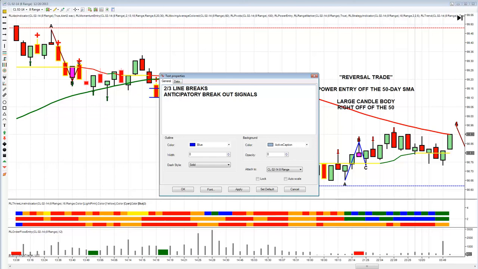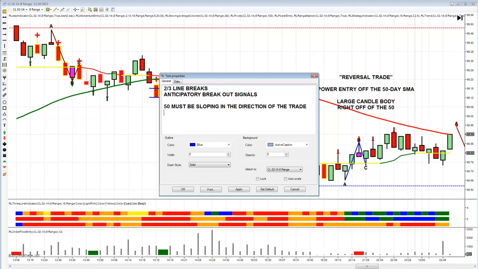Now remember, it does not matter whether it's a 2-line or a 3-line. They both have the same probability of success when they come off the 50, which must be sloping in the direction of the trade.